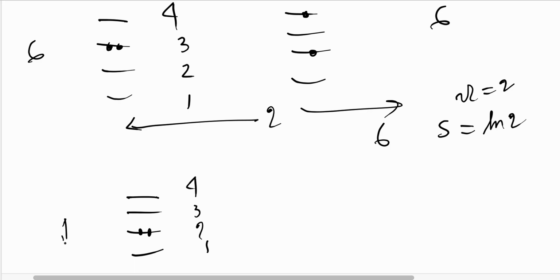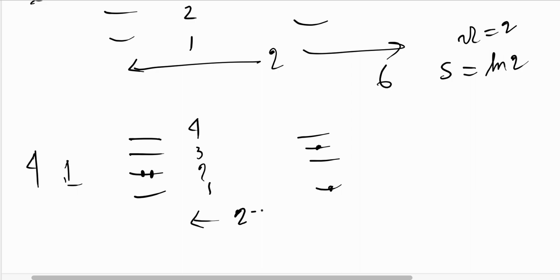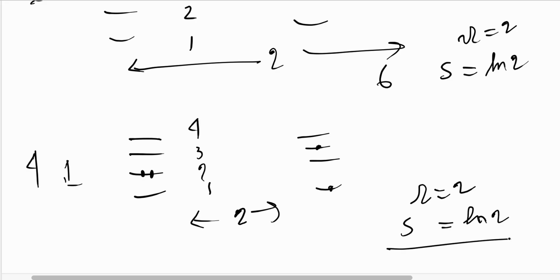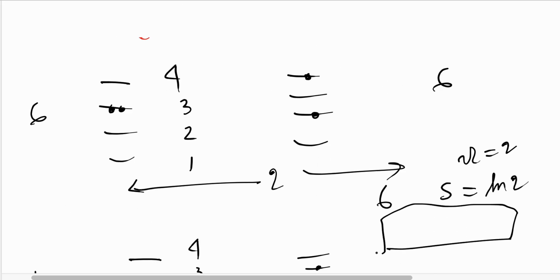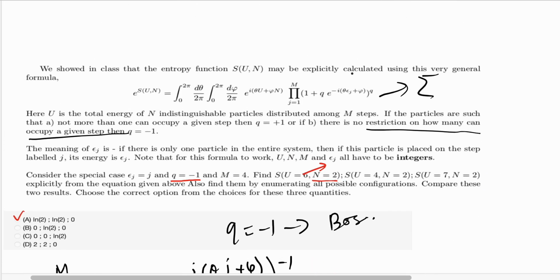So this is one possible way. Another possible way is 1 here and the other here, so that's where I will get energy 4. That means again 2 possible ways. So total number of microstates is 2, entropy will be ln2. That means it also tells me that my formula is correct.